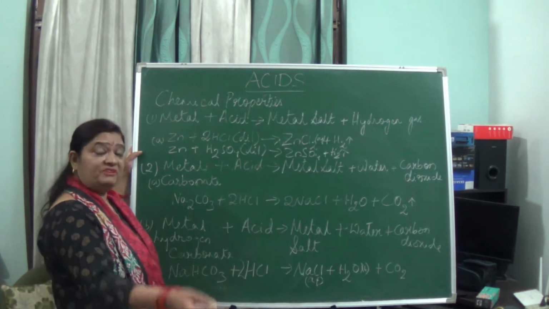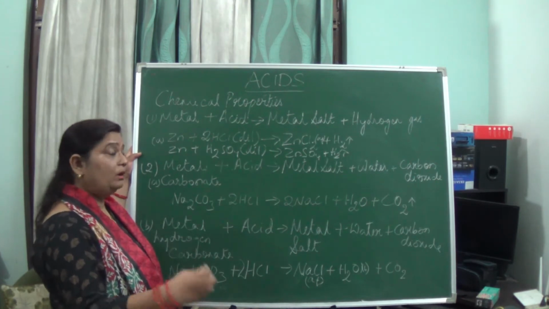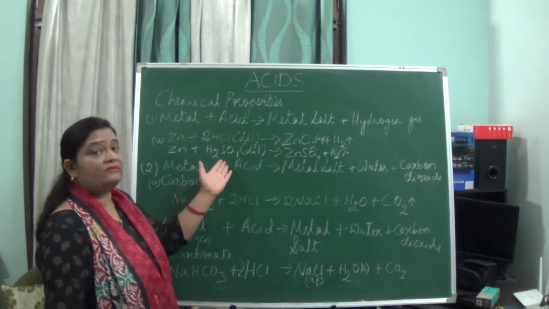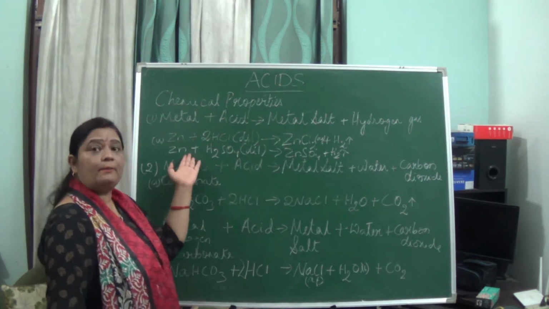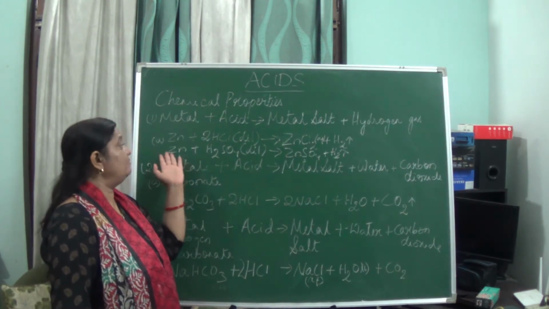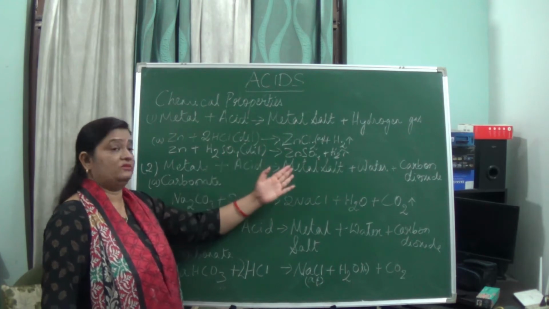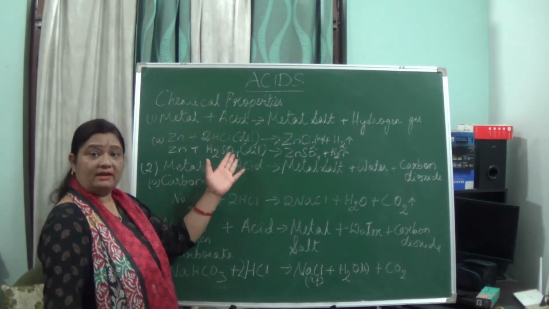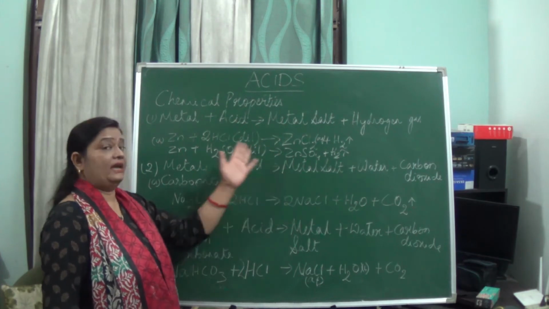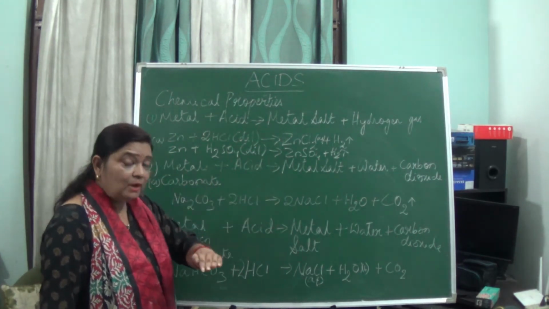When we talk about silver and gold, they will not react with the acid to give hydrogen gas, because they come below hydrogen in the reactivity series.